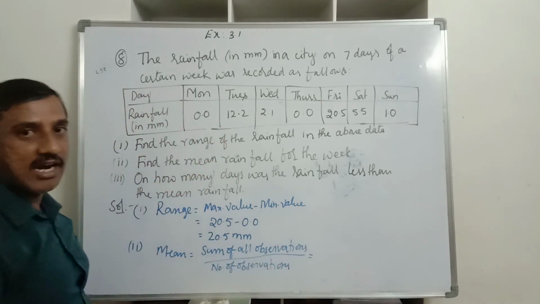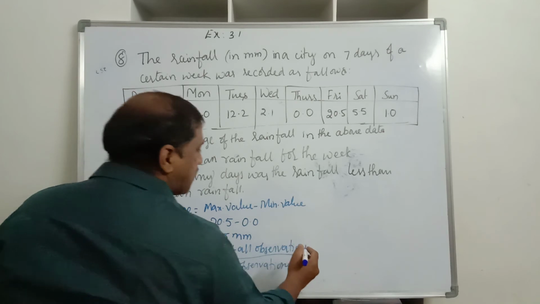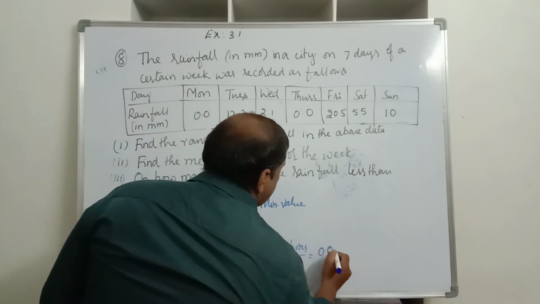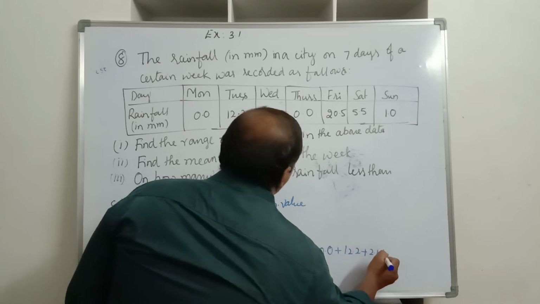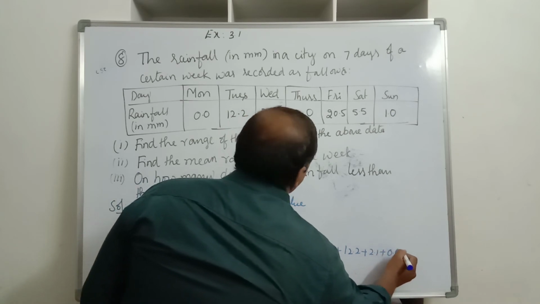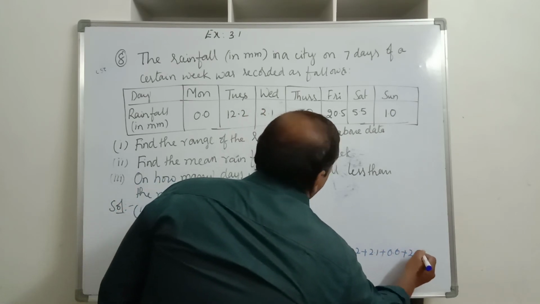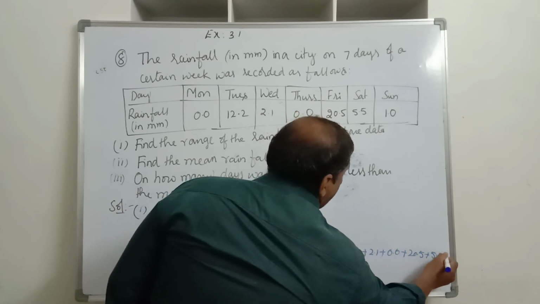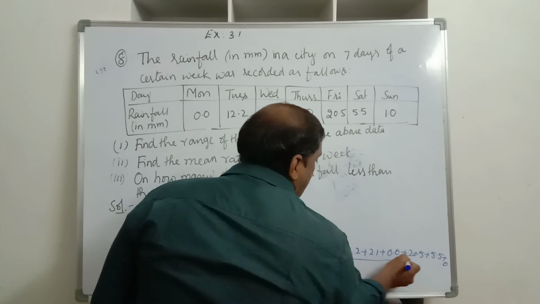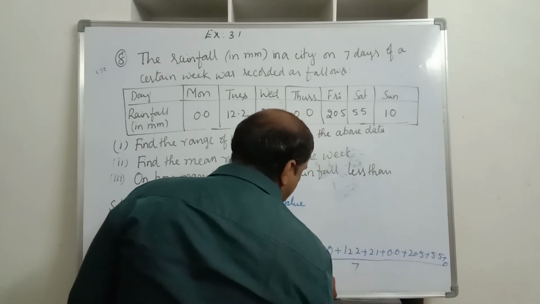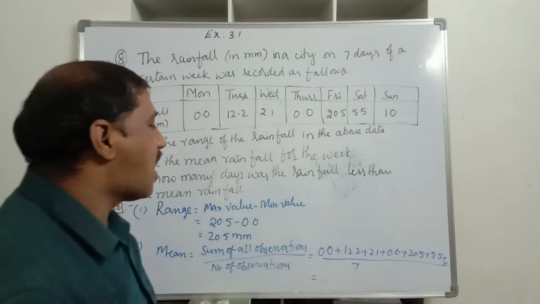Seven weekdays means 7 observations. What are those 7 observations? 0.0 plus 12.2 plus 2.1 plus 0.0 plus 20.5 plus 5.5 plus 1.0, divided by 7 observations. Now add these numbers.